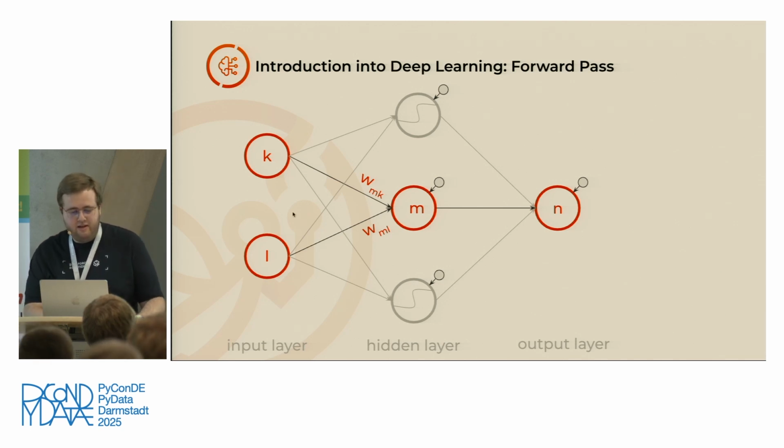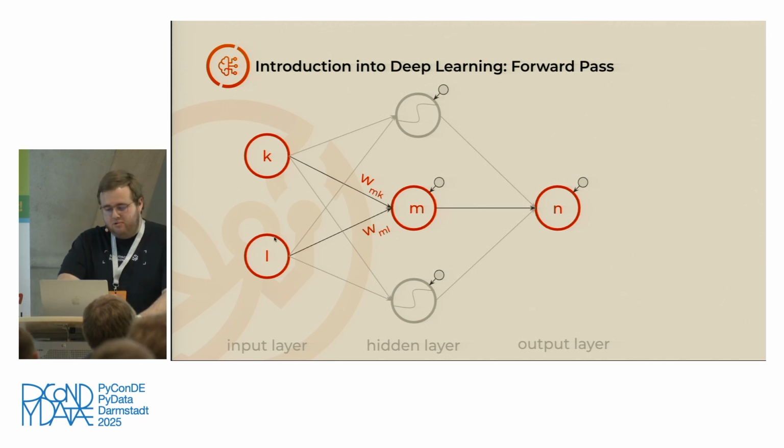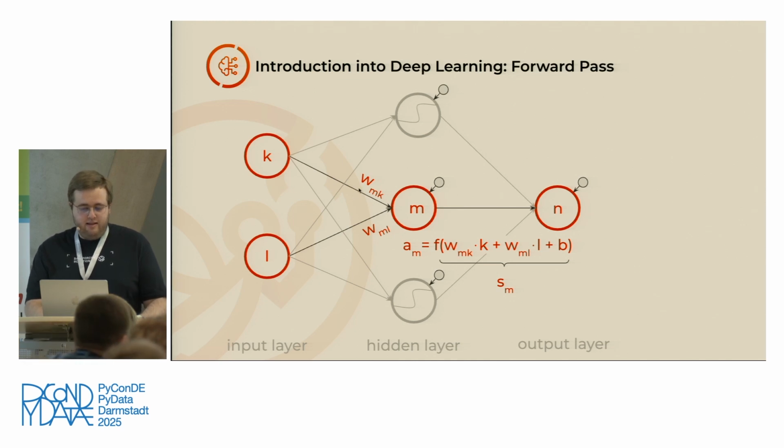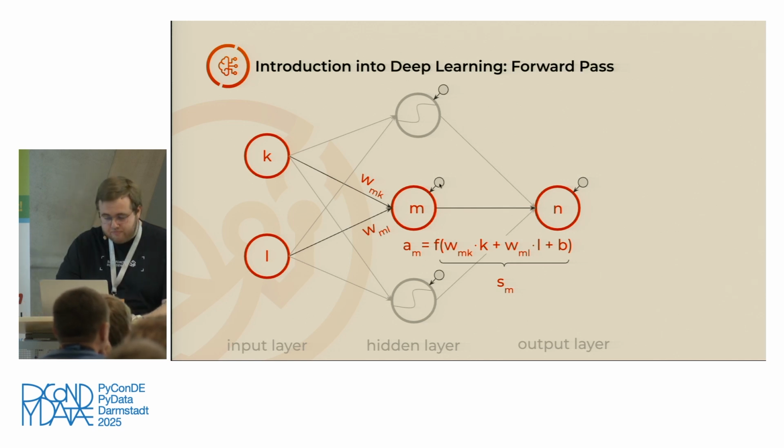Let's say that we have neurons K and L in our input layer and a neuron M in the hidden layer. Now, in order to obtain this value M, we multiply K by WMK, add L multiplied by WML, and also the bias term.